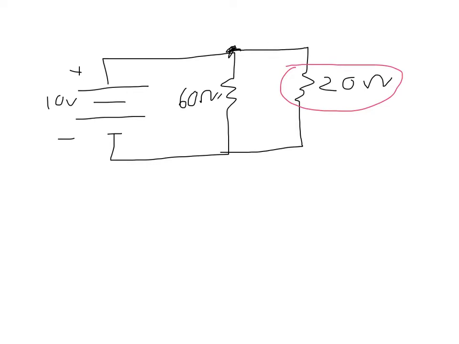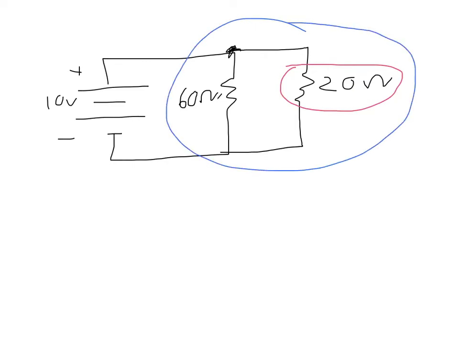to 20 ohms. So now I can use my parallel resistance formula to determine what is the resistance of this parallel network of resistors right here, the 60 ohm and the 20 ohm. So I'll find that the equivalent resistance is equal to 1 over 60 ohms plus 1 over 20 ohms.